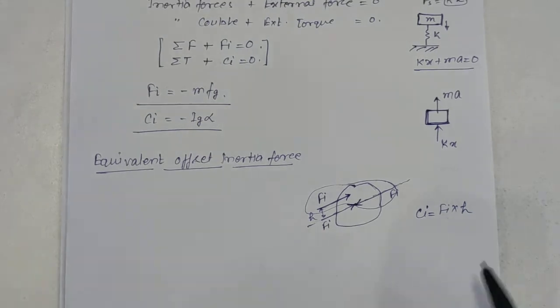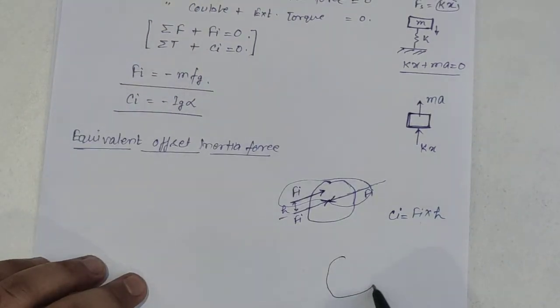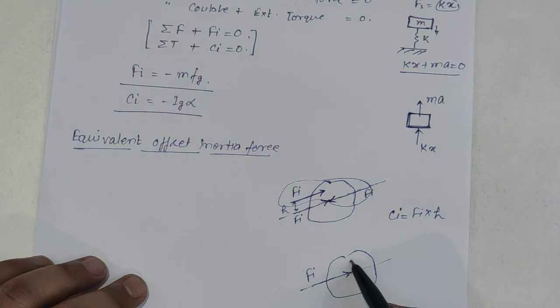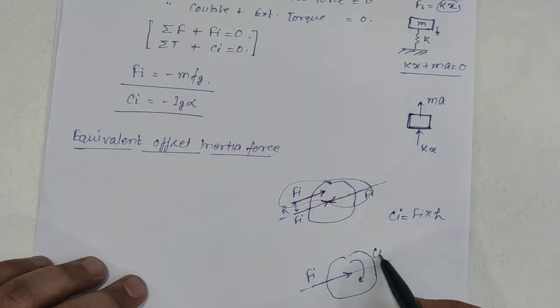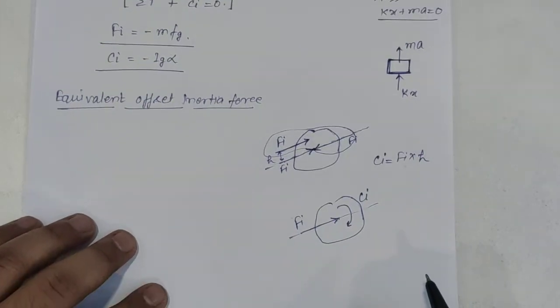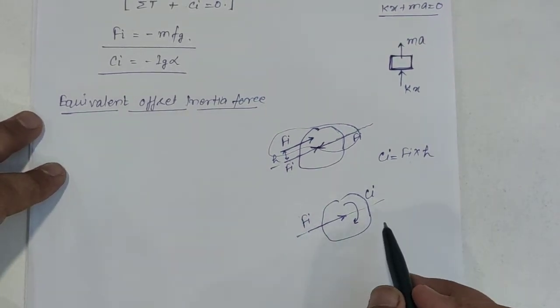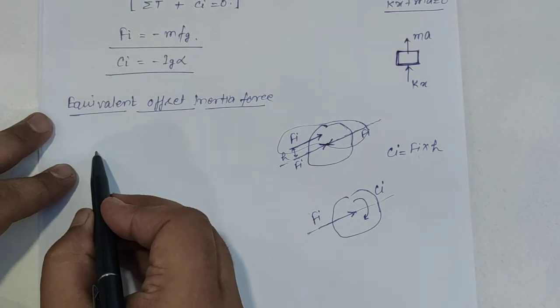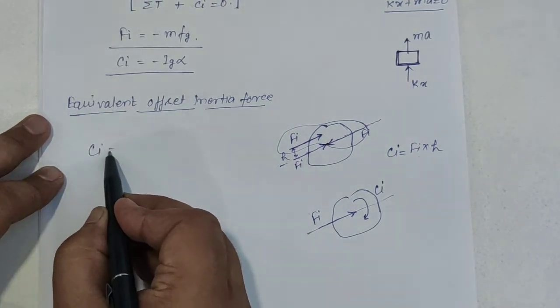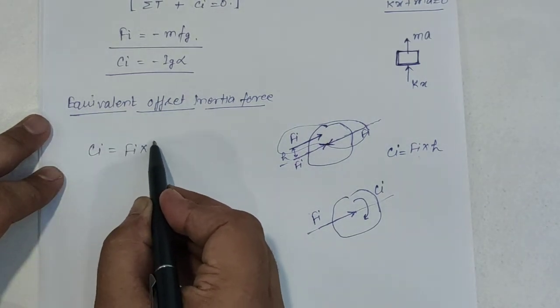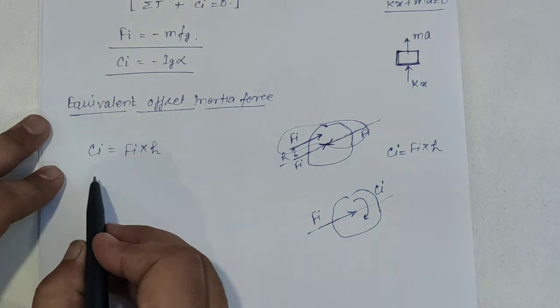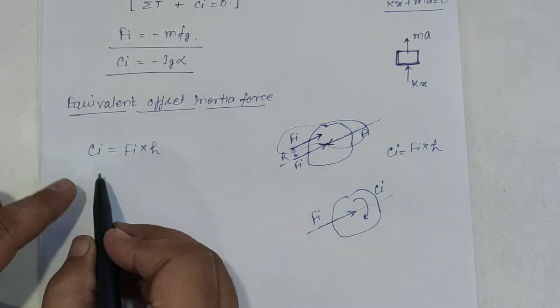Finally, our system is converted into this force Fi remaining, acting here, and one couple which is also acting, that is Ci. So the magnitude of Ci is equal to Fi into h.